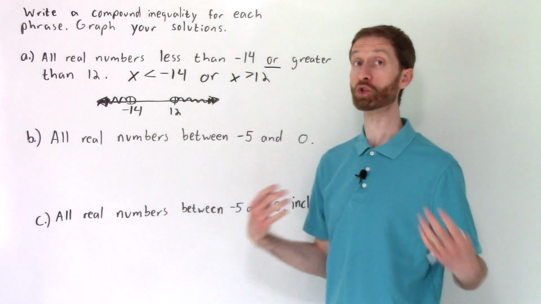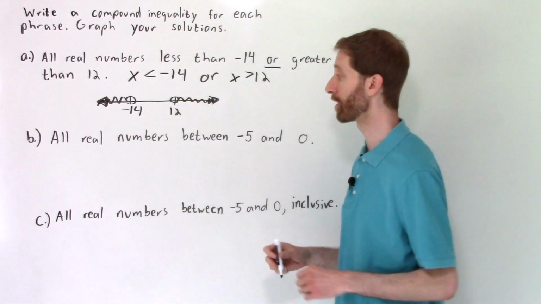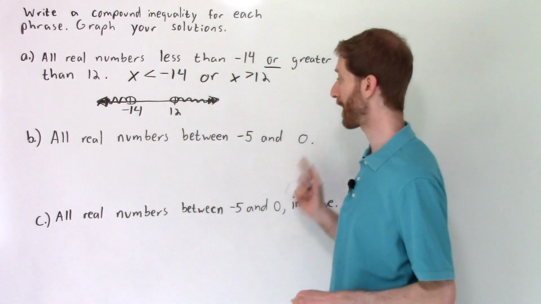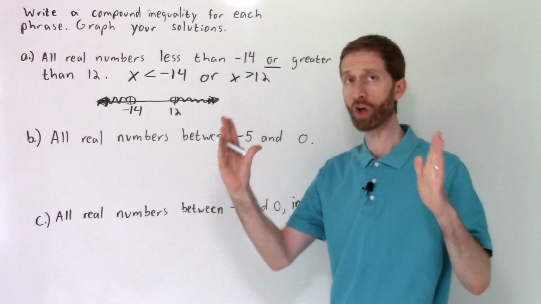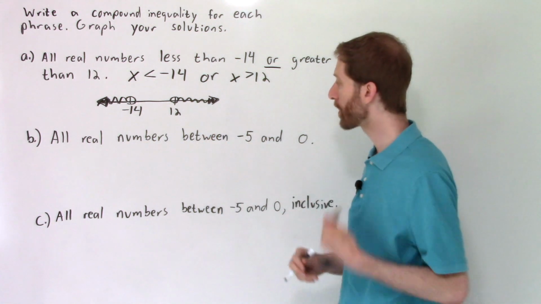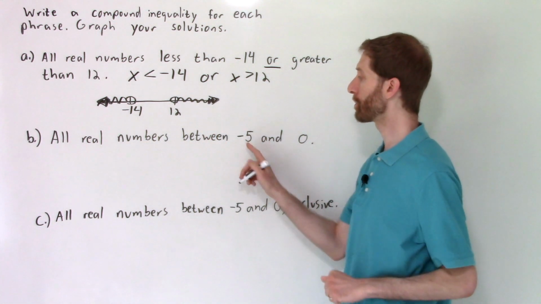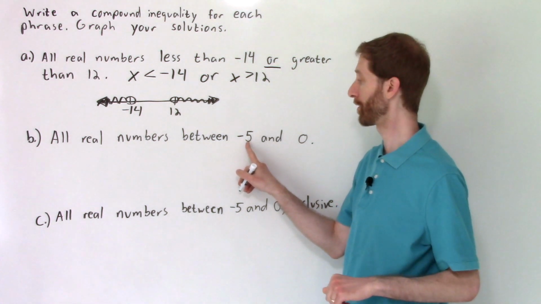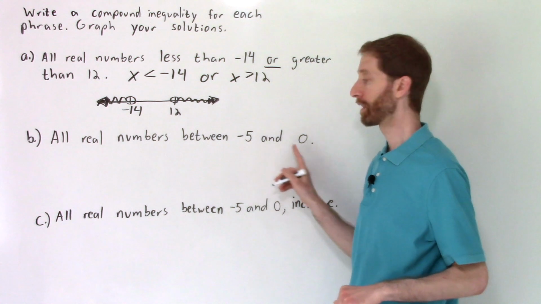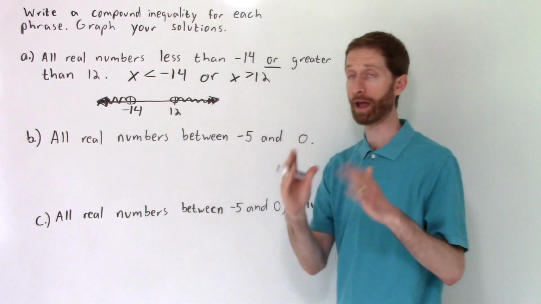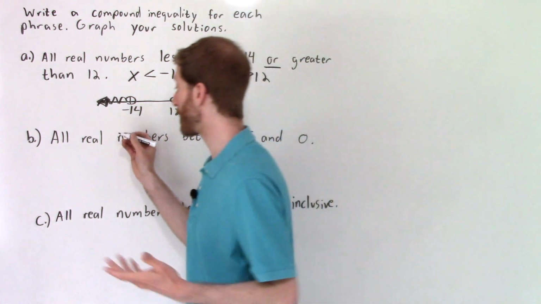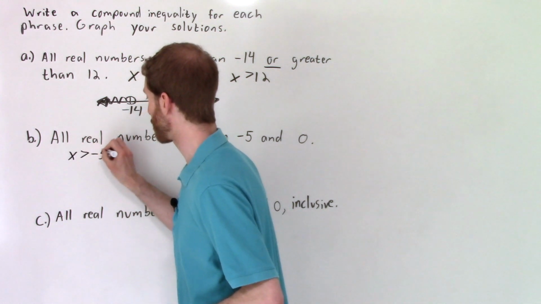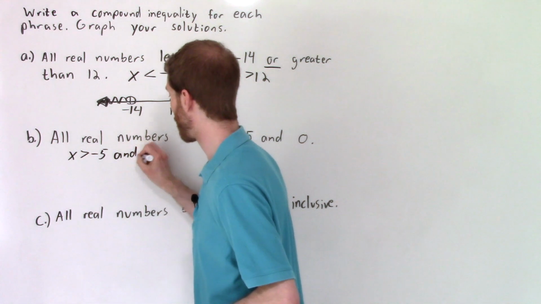All real numbers between -5 and 0. Now it says between, but it does not say to include -5 and 0. So what that means is we want all the numbers in between them, right? Another way of putting this is all numbers that are greater than -5, if we're between -5 and 0, and less than 0. So we want the overlap of the numbers. So we can write that either as x is greater than -5 and x is less than 0.